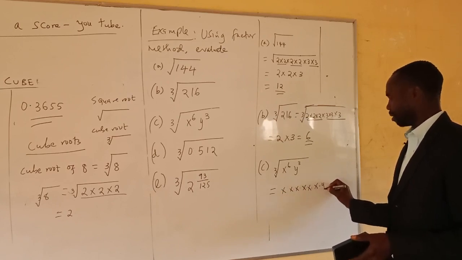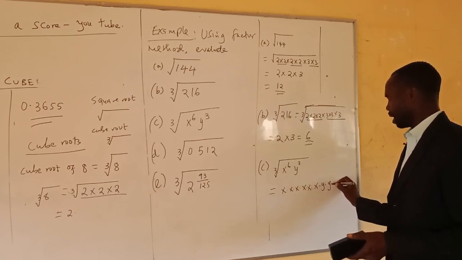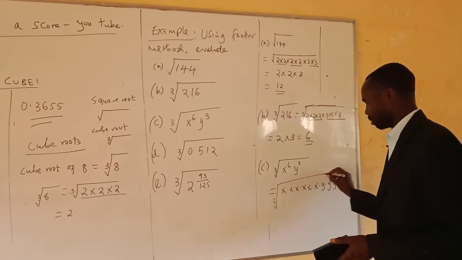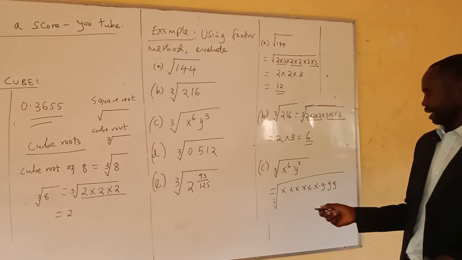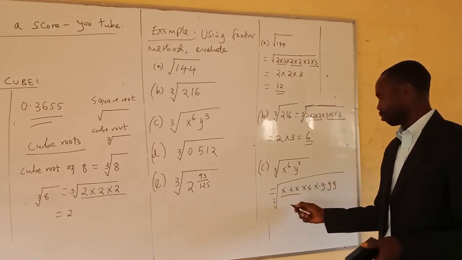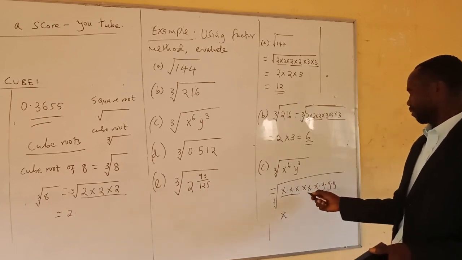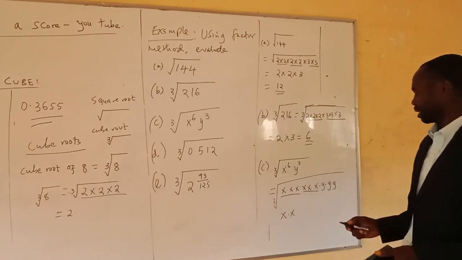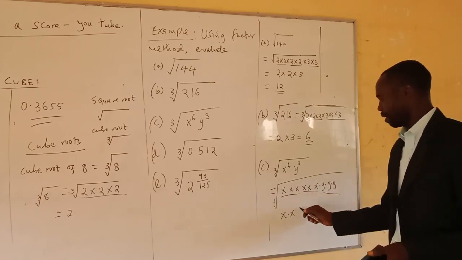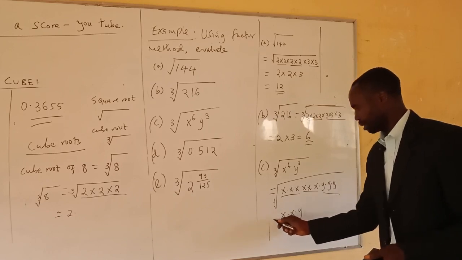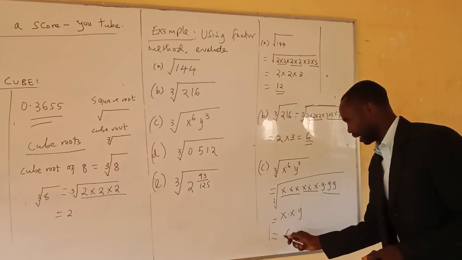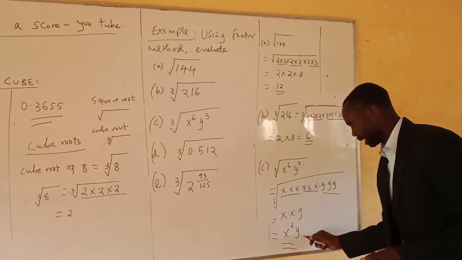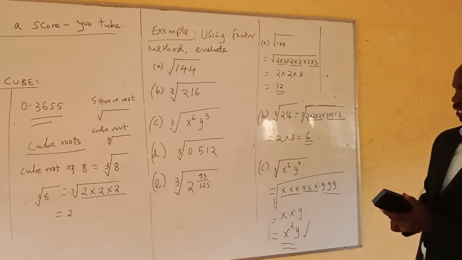Then multiply by y, multiply by y, multiply by y, cube root. We saw that for every 3 identicals, we take 1. That means x squared, then y, 1 of them. So the final answer is x squared y, and that is very true.